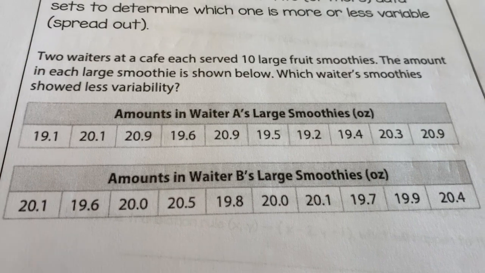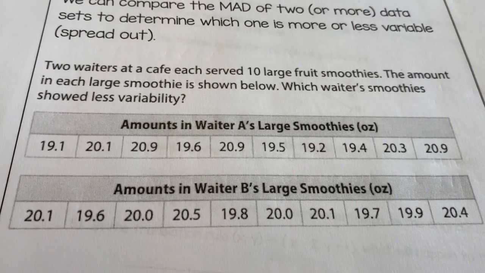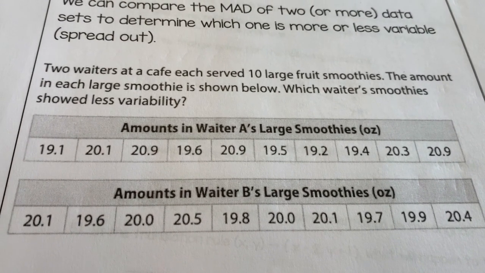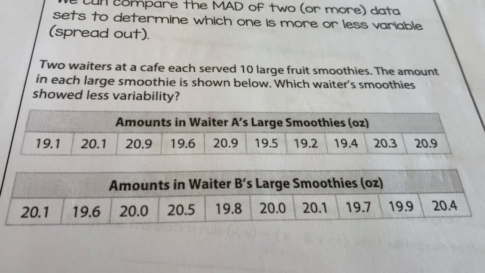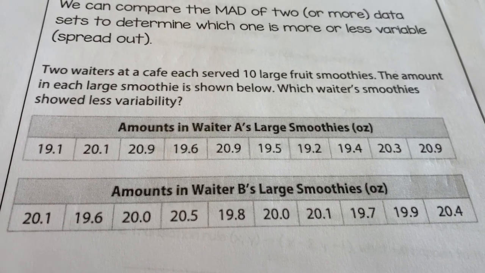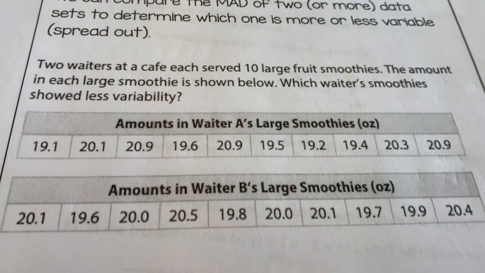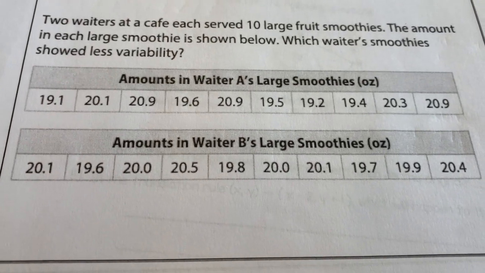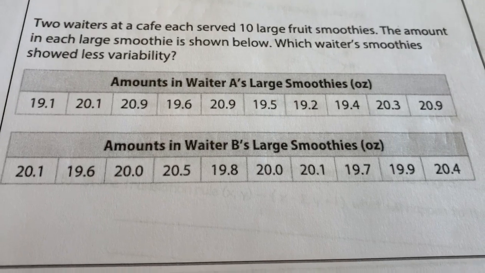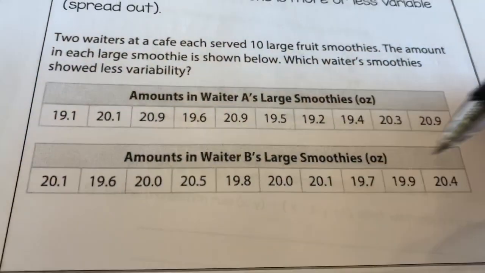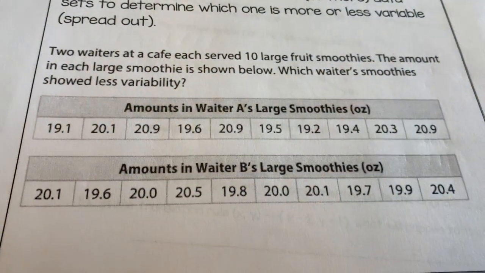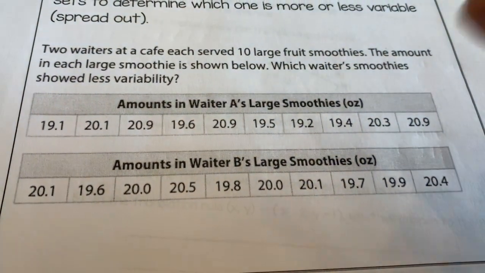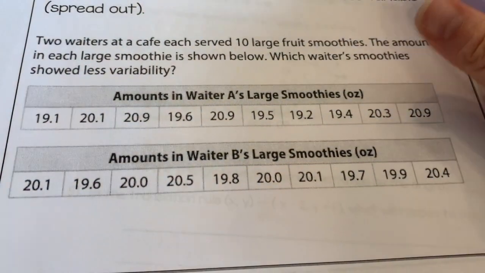The amount in each large smoothie is shown below. Which waiter's smoothies showed less variability? So, obviously, you don't want your smoothies to be different every time you serve them. You want the amount to be the same every time. So, in this case, we'd be looking for the less variability here. We want all of these to be close to the mean because we want them to all be the same every time.